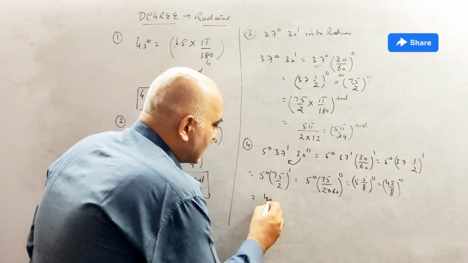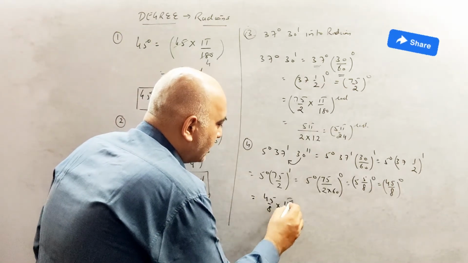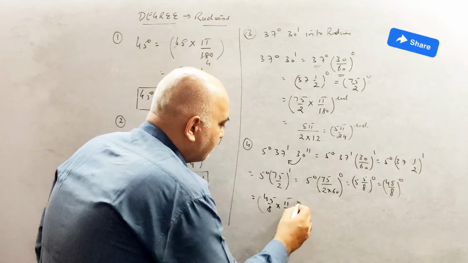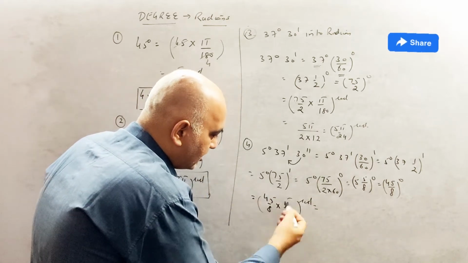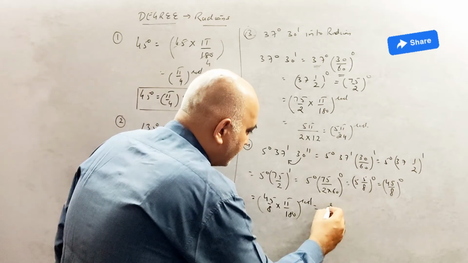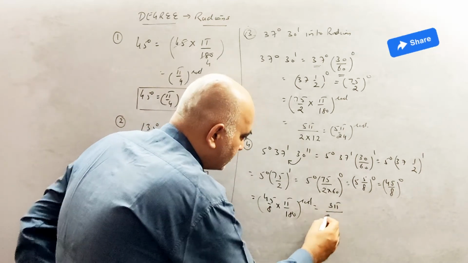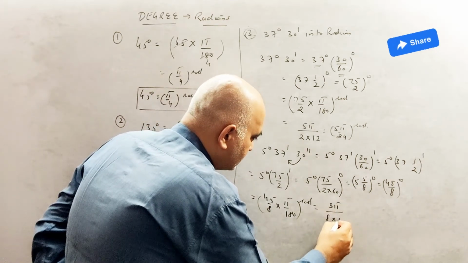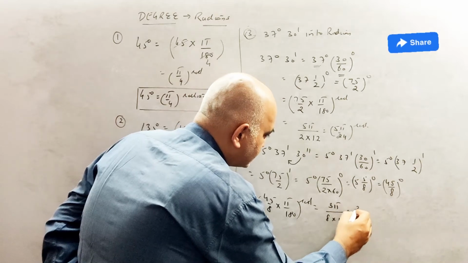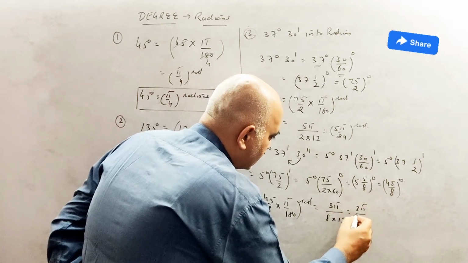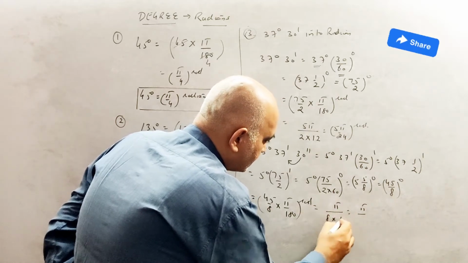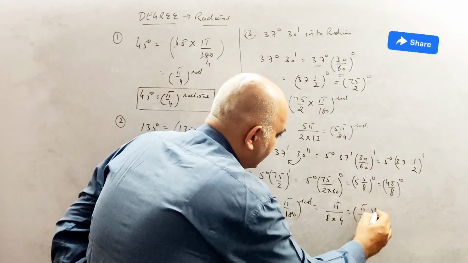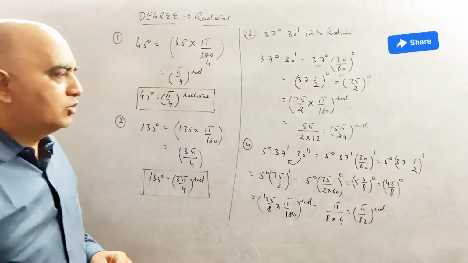When you complete this calculation, multiply it by pi upon 180, and we obtain the radian measurement. We can divide again by 15, that is 3 pi upon 8 into 12, that is 3 pi upon, you can cut it again by 4, that is 32. So we obtain pi upon 32 radians.